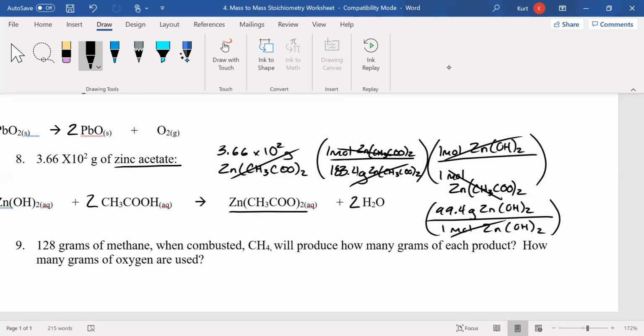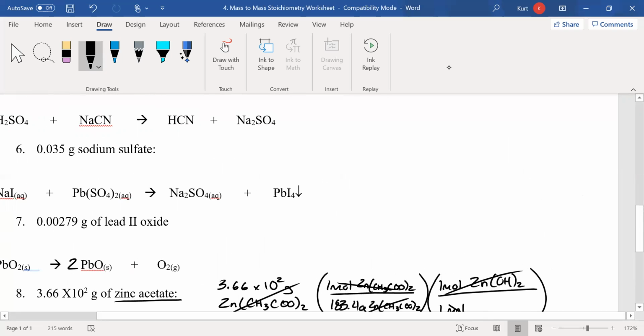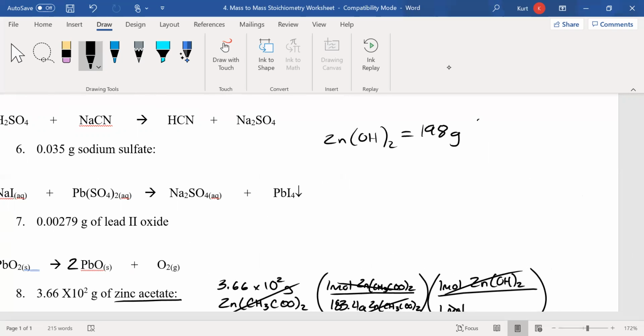The answer for the first one, Zn(OH)2, you should have gotten 198 grams. You could also say 1.98 times 10 to the second grams for that substance.